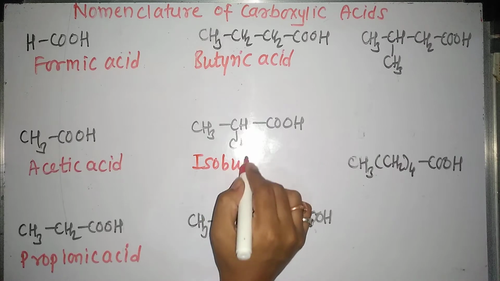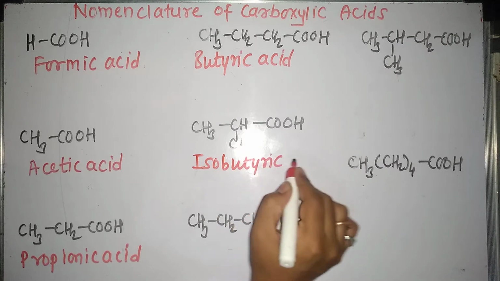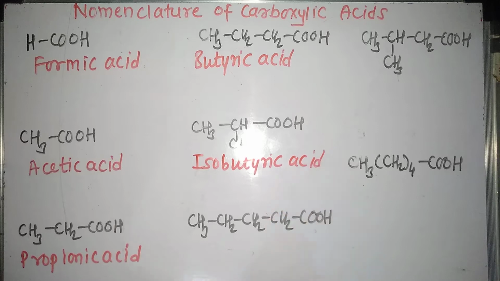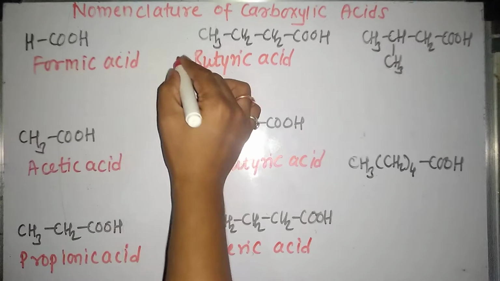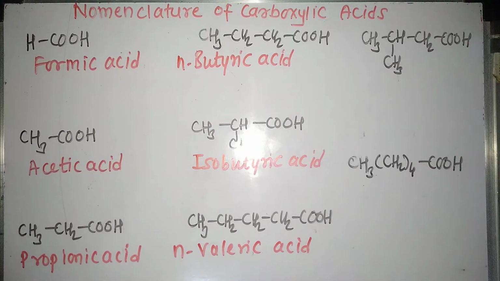That's why the name will become isobutyric acid. Now in the next case we have 1, 2, 3, 4, 5, a total of 5 carbon atoms. That's why it is called valeric acid. Since it is a straight chain, it will be called n-valeric acid, similar to n-butyric acid.